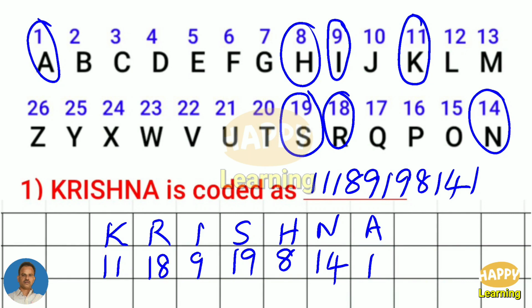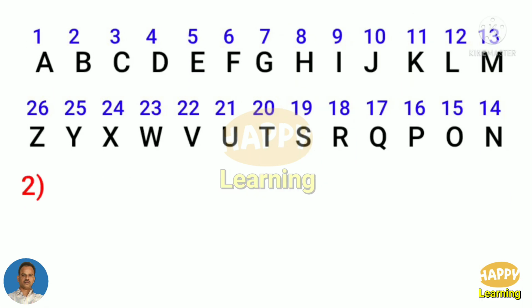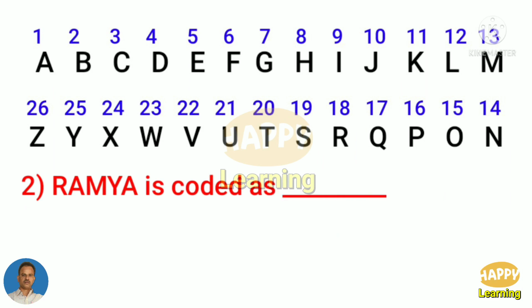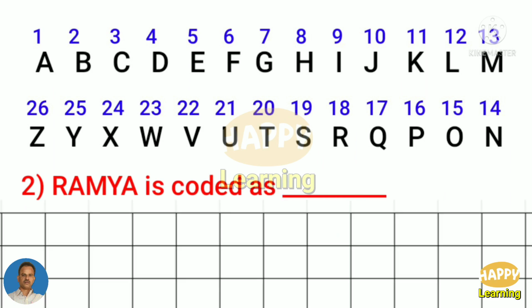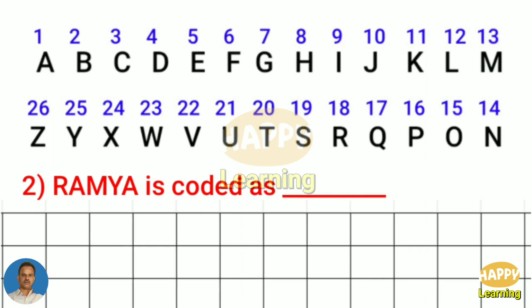Okay, right. Next question. Ramya is coded as. So I'll write the word first. Ramya. Here R is coded as 18.